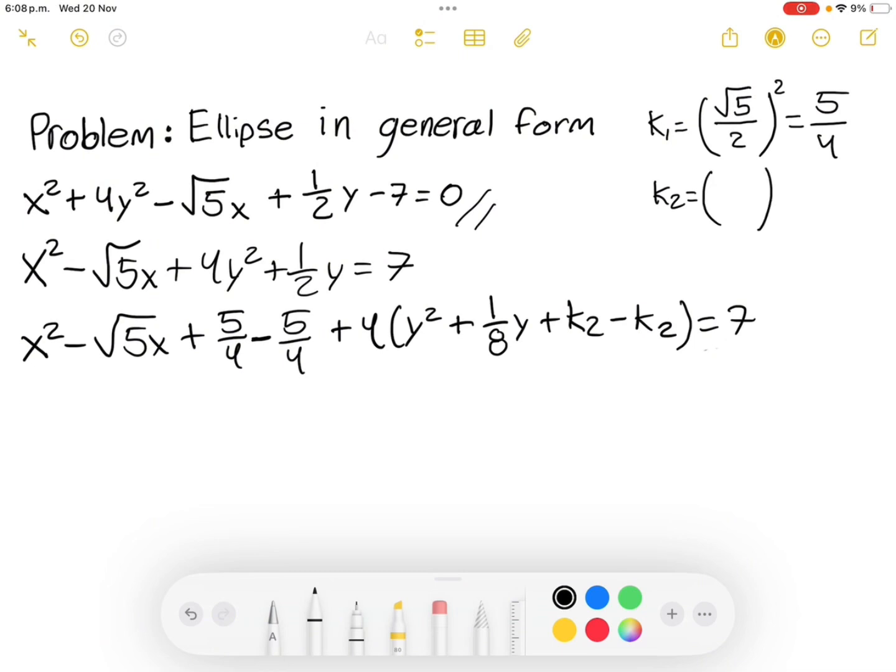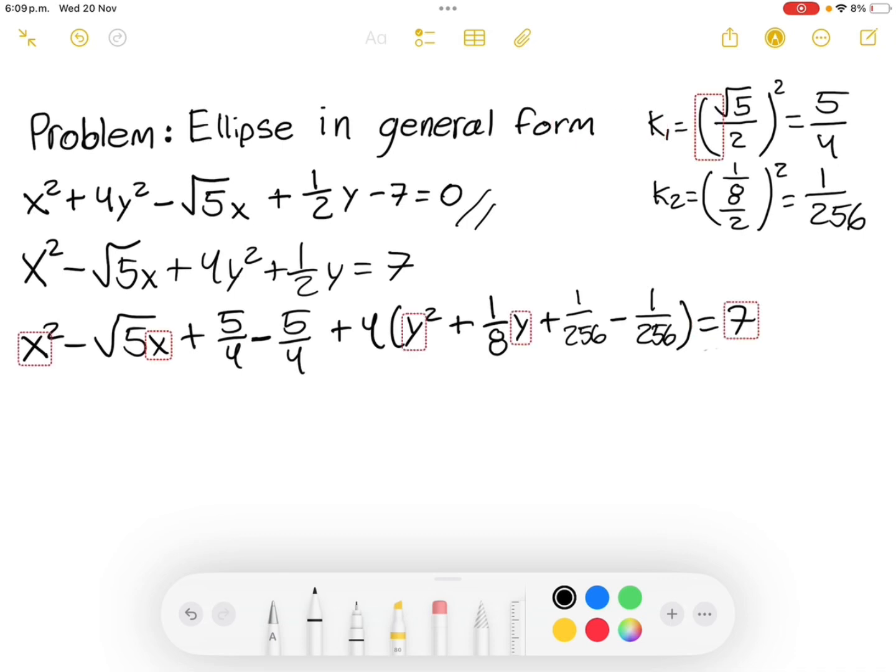So k2 is the same, but in the y terms. It's going to be the b term in the y divided by the half, this squared. So that's going to give us 1 under 256. So we're going to replace that in the k2 in the y term. Now that we have this, we're going to factorize it into binomials, this way.